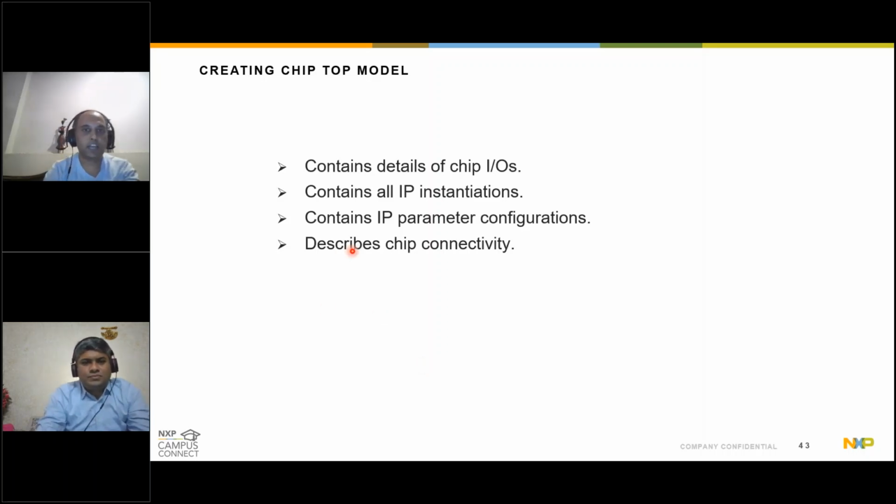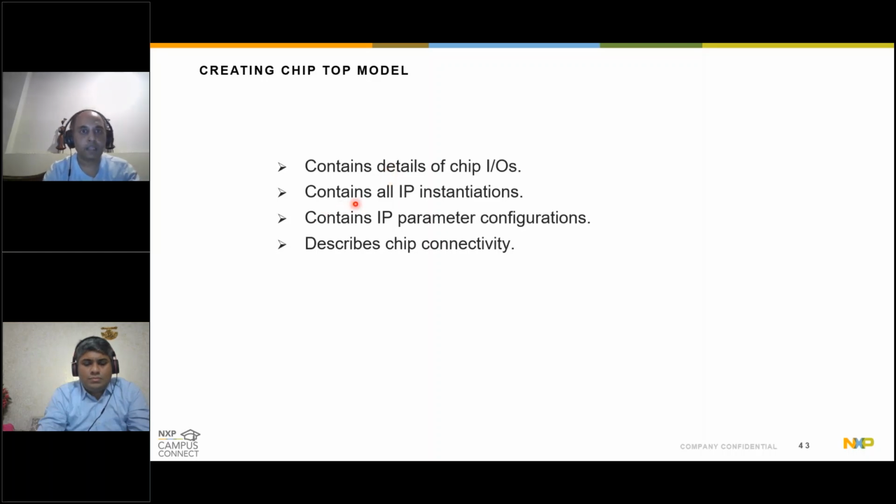So each chip will have its own I/O definitions, and your chip top RTL model will need to define the interface of the chip as it talks to the external world, and that's where the I/Os also get integrated in the chip, because I/Os are special functionalities which usually work at a higher voltage, and also have to drive a larger load outside the chip compared to the load the signals inside the chip may be carrying.